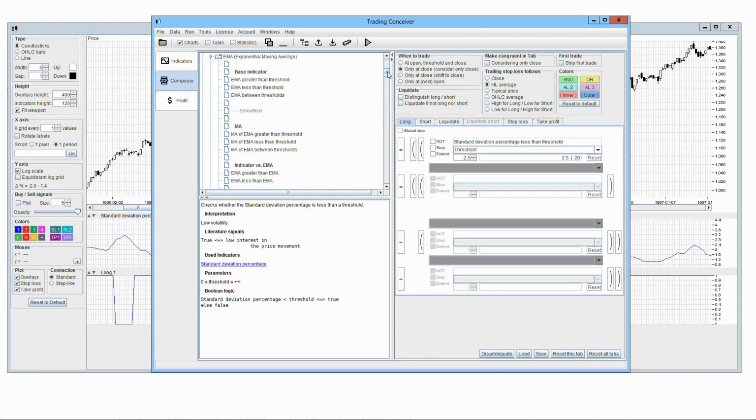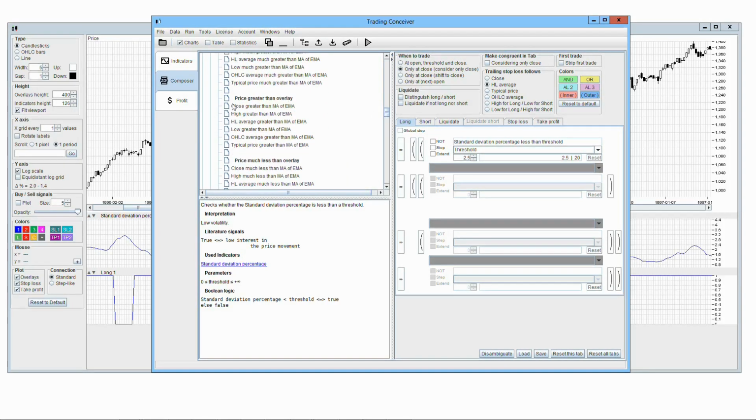If you want to enter a long position only when volatility is low, end this algorithm with another algorithm saying when to go long in the Long tab.